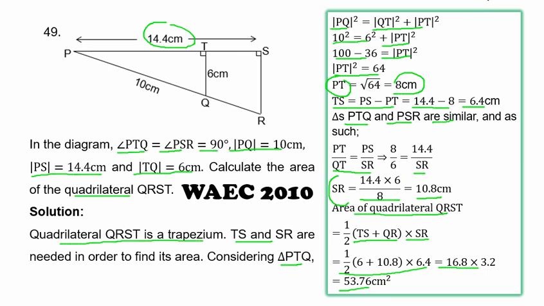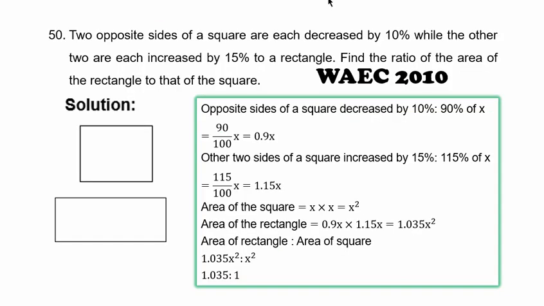Example 50. Two opposite sides of a square are each decreased by 10%, while the other two are each increased by 15% to form a rectangle.